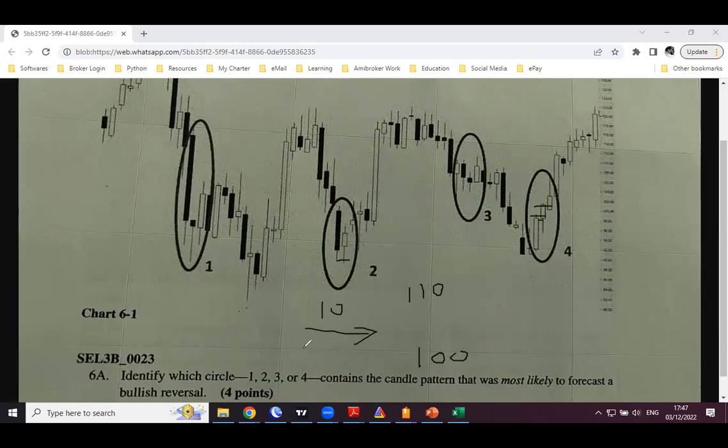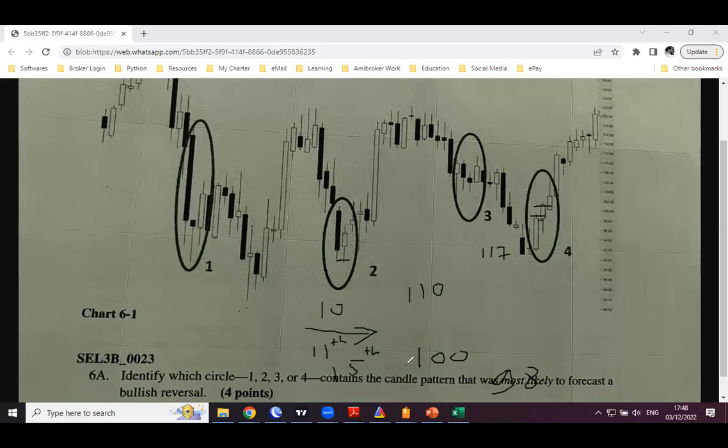On the 11th day, I'm not giving you a chart, price opened in the range and made a high of 117. On the 15th day, price closed at 98, losing almost all the gains.